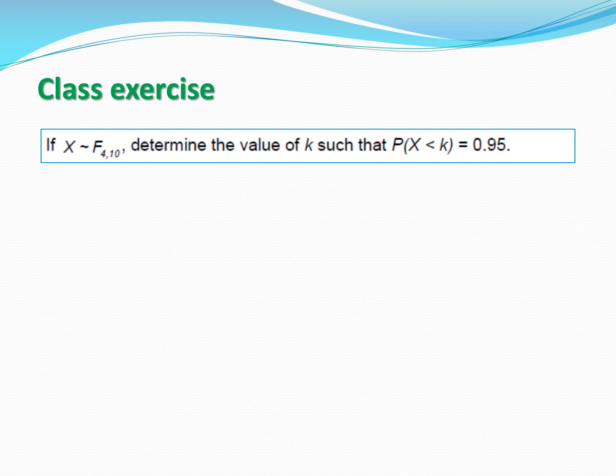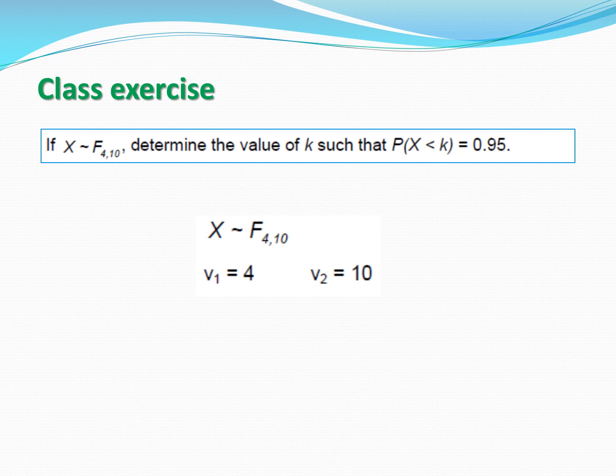You can try this class exercise on the F distribution, please. Okay, so I told you that your random variable follows the F distribution with 4 and 10 degrees of freedom, and I want you to determine the critical value such that the probability that your random variable will be less than the critical value is 0.95.